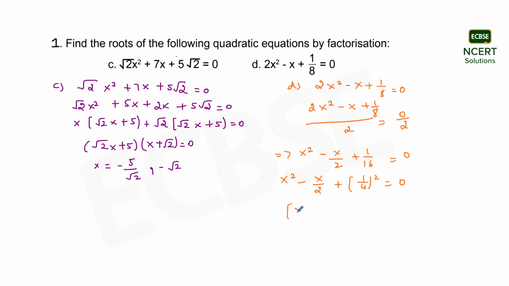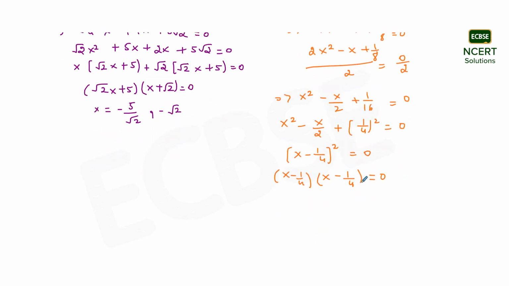So now applying the identity, that is (a minus b) whole square, where a is x and b is 1 by 4, it will be like this, which means (x minus 1 by 4) into (x minus 1 by 4) is equal to 0. Right? As the product of two same terms comes out to be power 2. So I can write this in this form also, that is splitting the two terms from the square one.